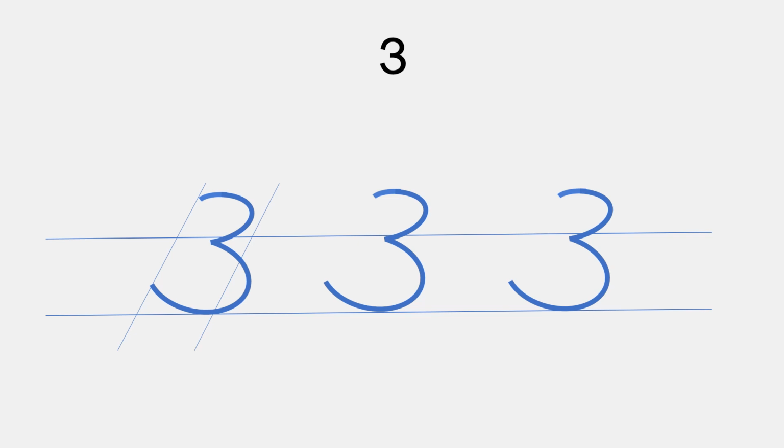Not very difficult. Then go back to my video and we will try to write a name starting with Z. I picked the name Zina, a female name. We start with capital Z, two ovals.